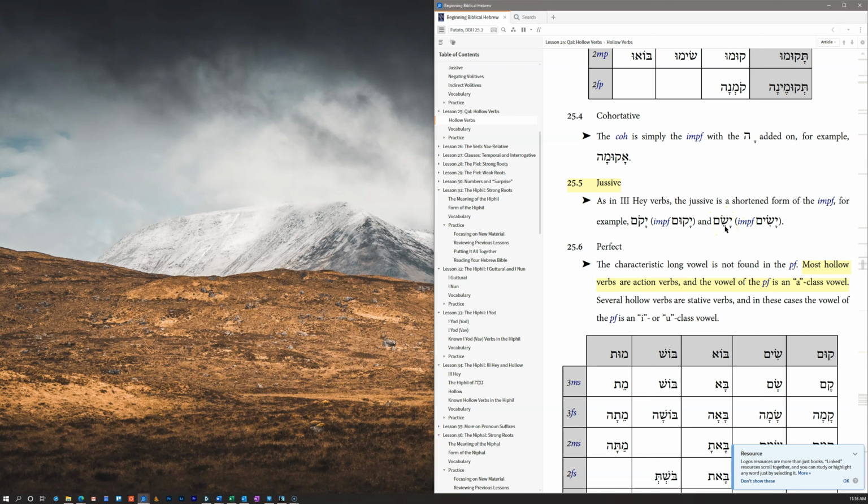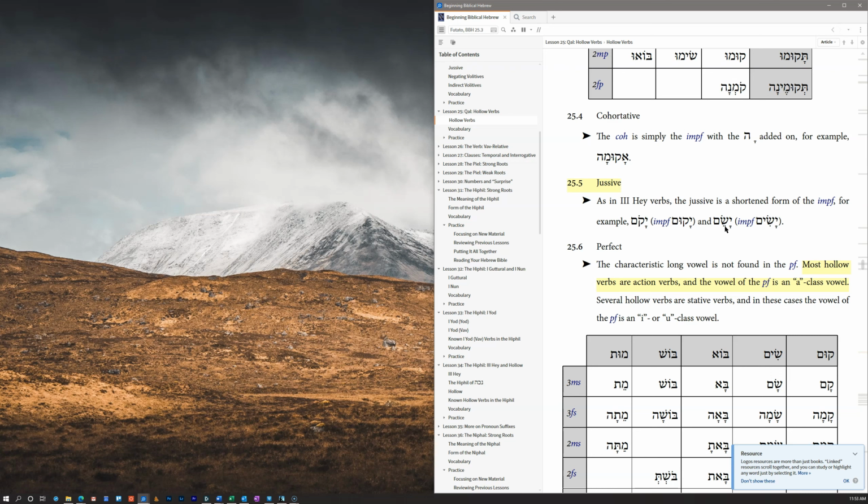So far we've seen three situations. These are the only three times that a jussive is going to look different than an imperfect. So this is the only time you're going to be able to recognize a jussive form, is either it's a third Hey, in which case it's going to be a shortened form of the imperfect. It'll lose the third Hey letter. Or it happens to be a Niphal pattern verb, in which case the expected Hirik Yod is going to be a sere.